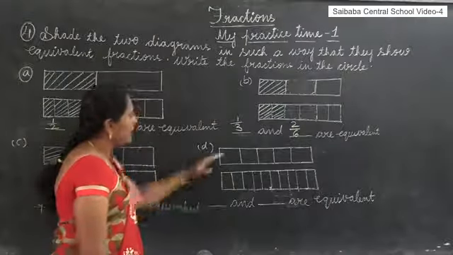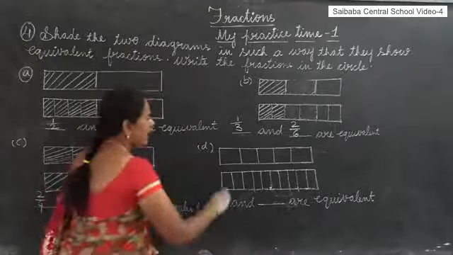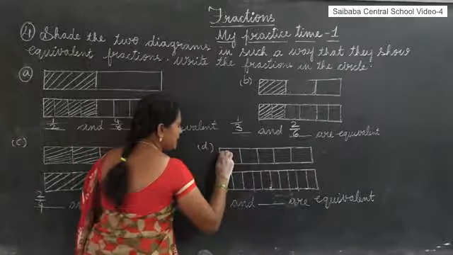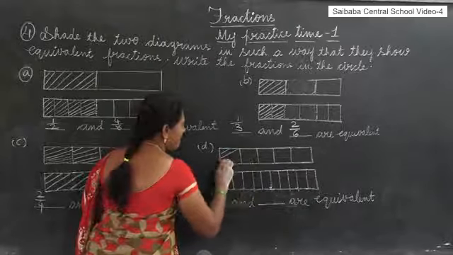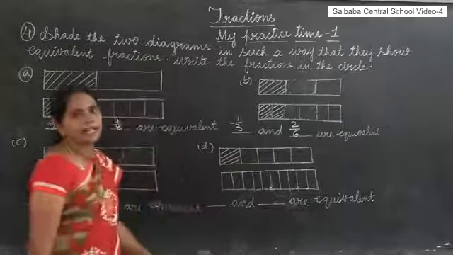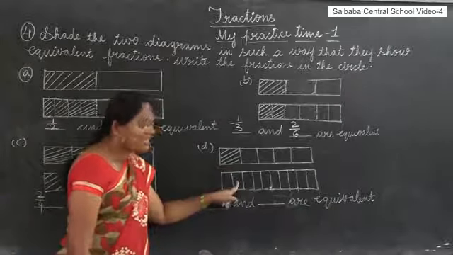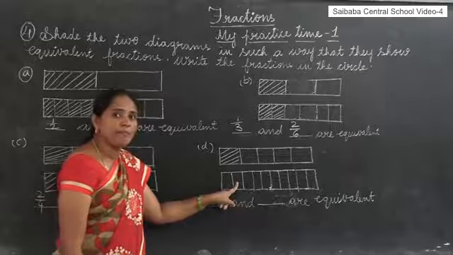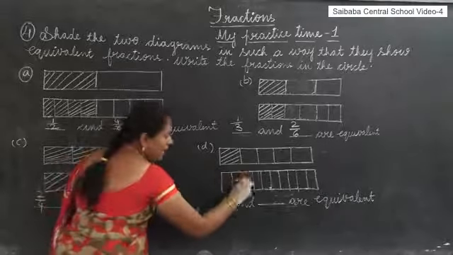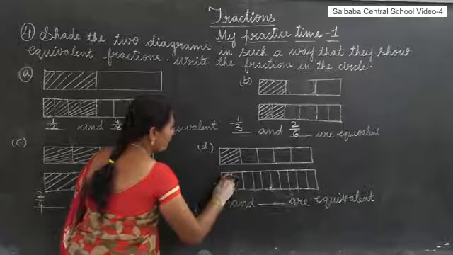Now observe this B question. Same. Here also we have to show equivalent fractions. If we shade one part, total how many parts are there? Good. 5 parts are there, right? If we shade one part in this, how many do we have to shade? Observe this line. We have to shade 2.